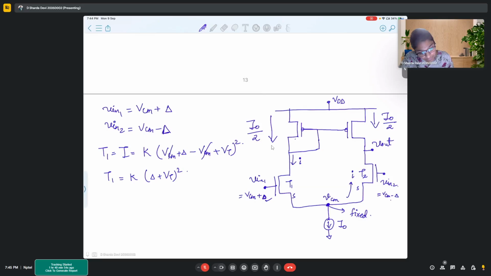Similarly, for T2 the current becomes K times Vcm minus delta minus Vcm plus Vt, so it will become K times minus delta plus Vt whole square.